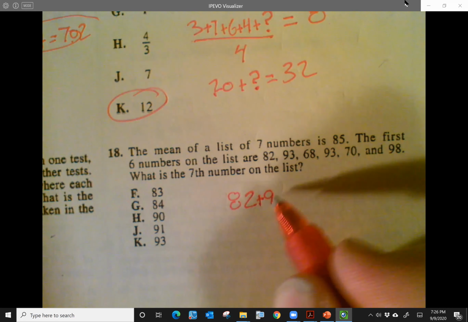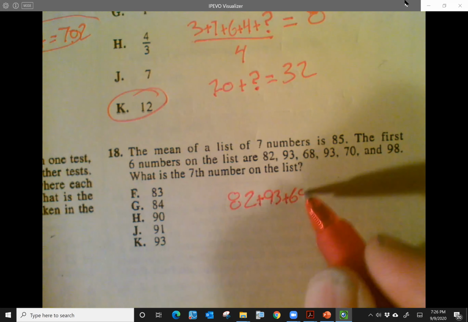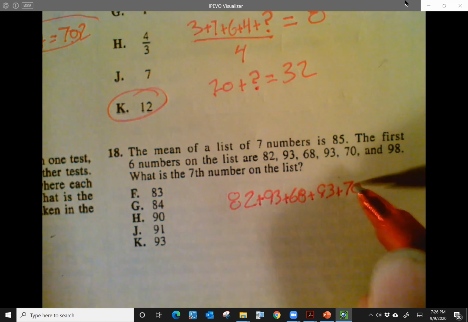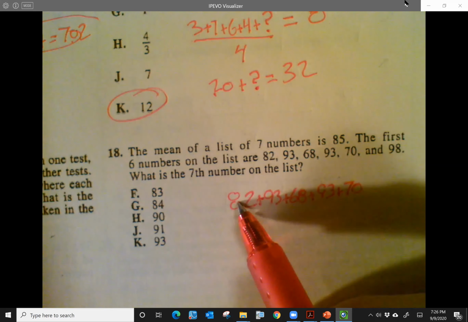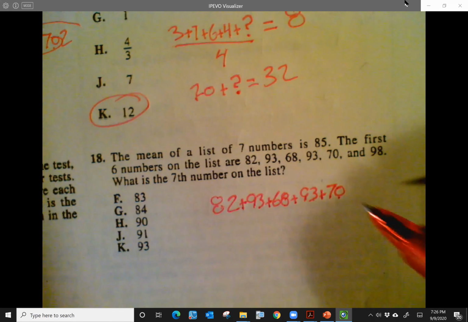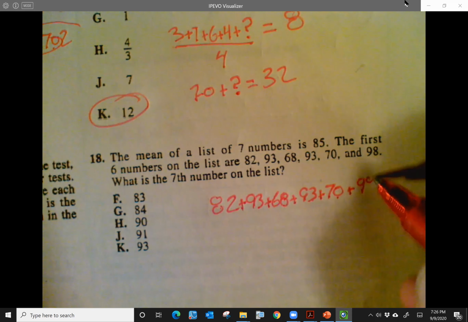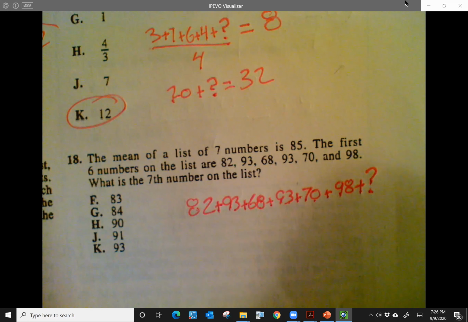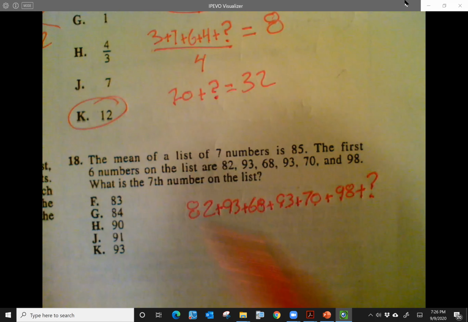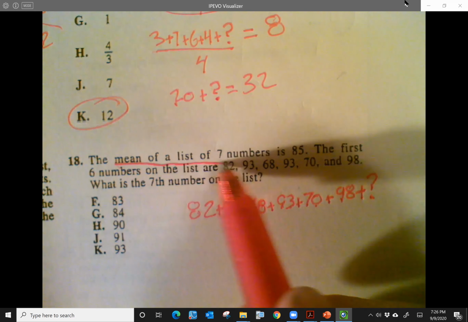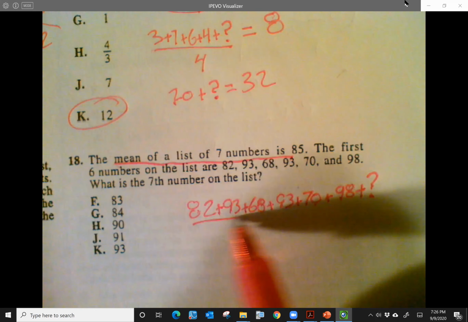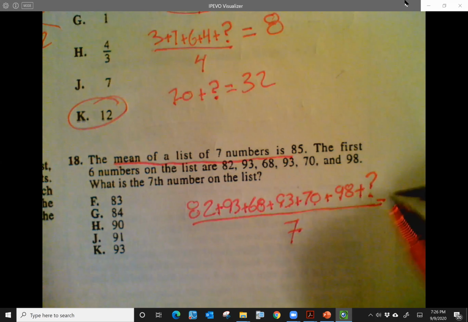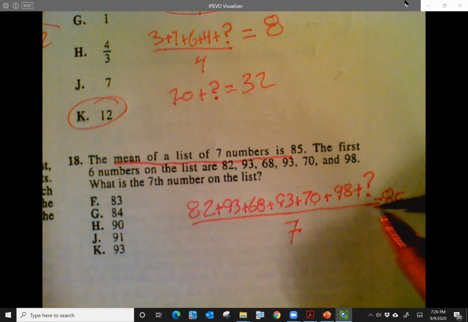So 82 plus 93 plus 68 plus 93 plus the 70, plus the 98. Those are the numbers they're telling us, plus, I don't know the other number, do I? I have no idea. But again, they're telling us the mean is 85. So if I divide those 7 numbers by 7, I know the mean's got to be 85.